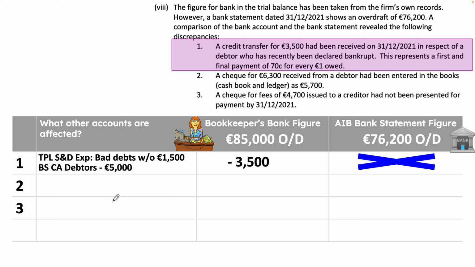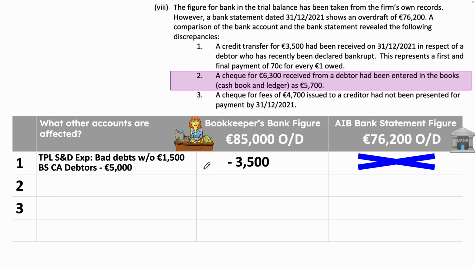We're not getting 1,500. That is going to be bad debts written off in the selling and distribution expenses. How did I get that? I got that because the 3,500 is 70%. So if I divide 3,500 by 70 and multiply it by 100, I'll know that the entire amount is 5,000 and that the 30% that we're not going to ever receive is 1,500. So that's how we do the other accounts.